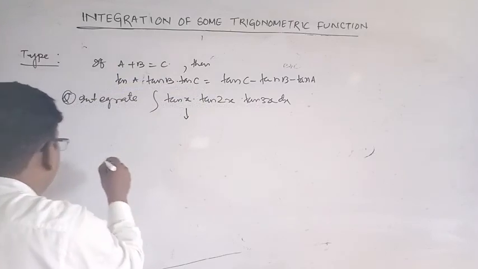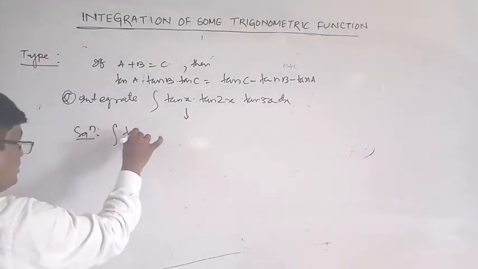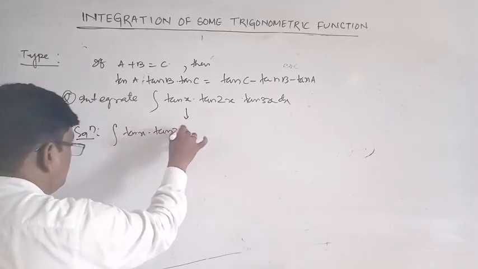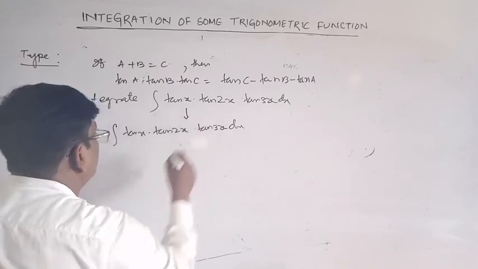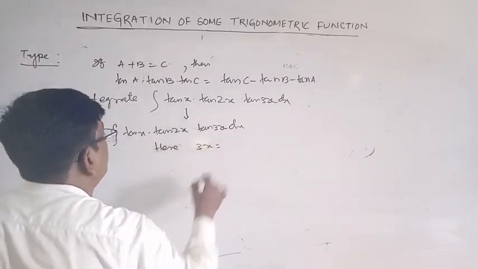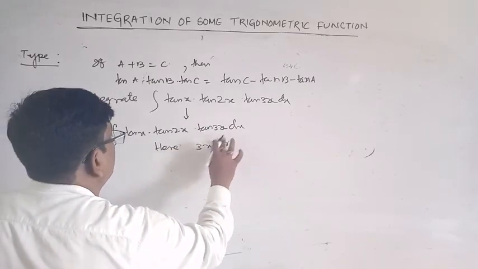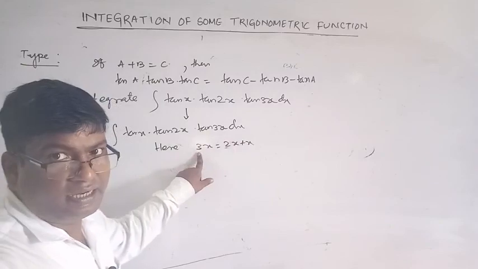So the solution is tan x into tan 2x into tan 3x dx. Now here 3x is equal to what? 2x plus x. This is a and this is b.